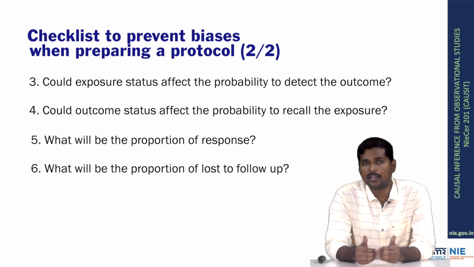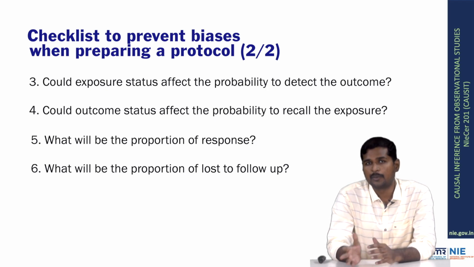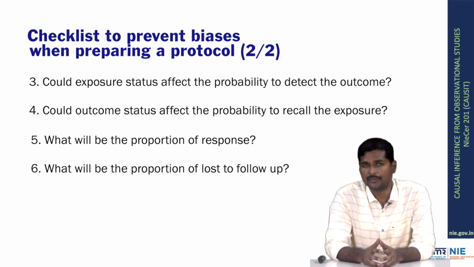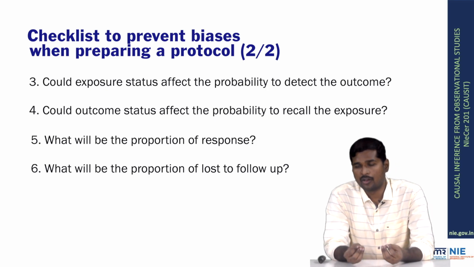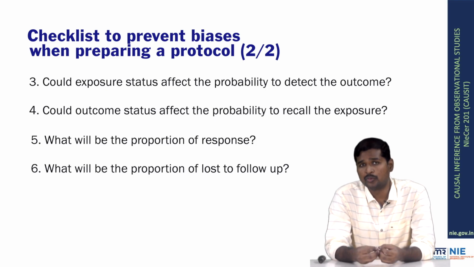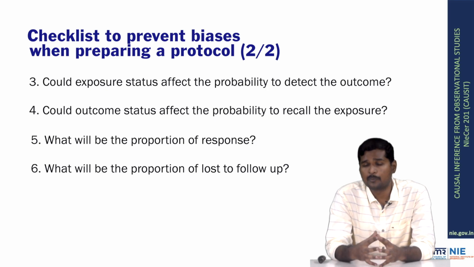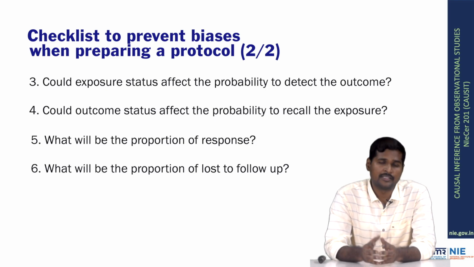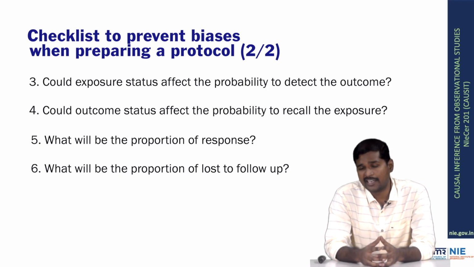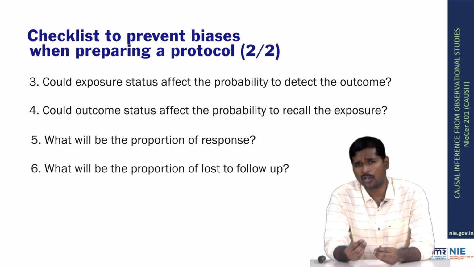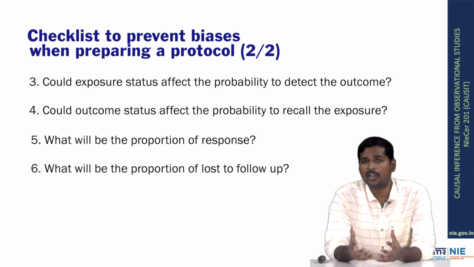And the other way around is, could the outcome status affect the probability to recall the exposure? Whether a person is affected or not, does it affect their ability to recall the exposure? A typical example here is a mother who has a child with some disability will keep on thinking about what happened during pregnancy so that this particular child has been affected. Whereas a mother who has a normal child without any disabilities will not have that motivation to keep thinking about her pregnancy.